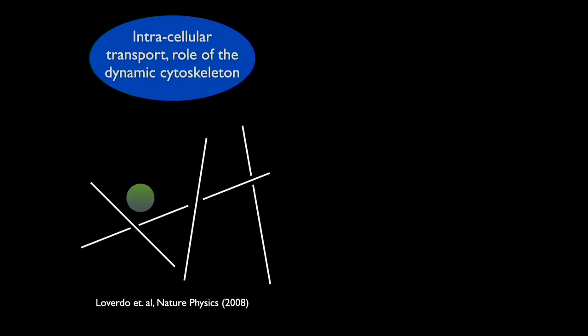It can bind to the molecular motors and move in a directed fashion along these tracks which are called microtubules. And when they are moving along these microtubules, they are moving with some constant velocity. Now, if they unbind from the microtubule, then they are in the bulk cytoplasm and they can diffuse.